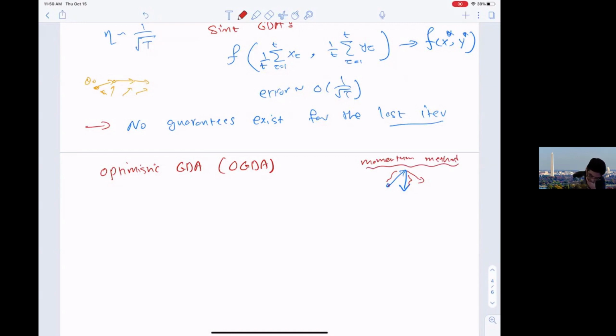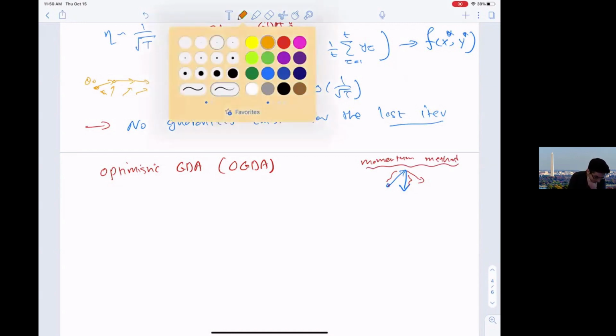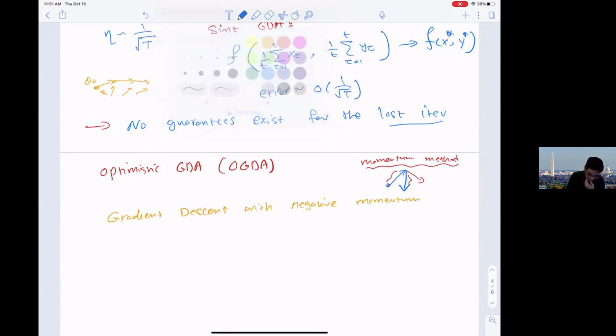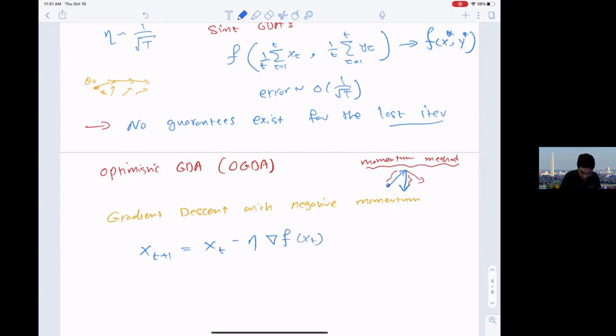It's a very simple change in gradient descent. So you can basically have gradient descent with negative momentum. In gradient descent, it's just a single minimization. So you have xt plus 1 equal to xt minus eta times the gradient of your function at xt.